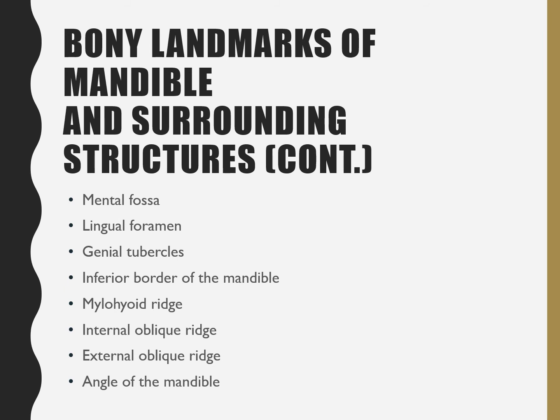We'll continue on to discuss the mental fossa, the lingual foramen, the genial tubercles, the inferior border of the mandible, the mylohyoid ridge, the internal oblique ridge, external oblique ridge, and the angle of the mandible.